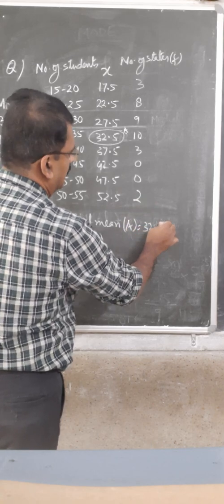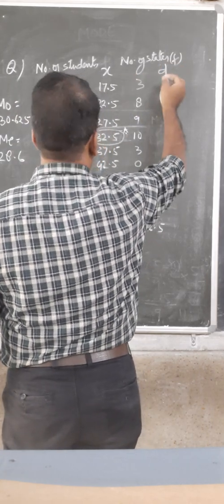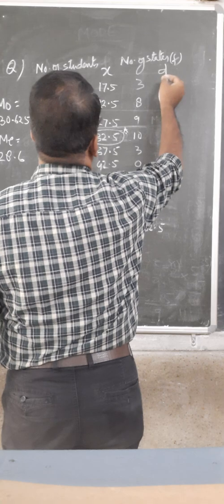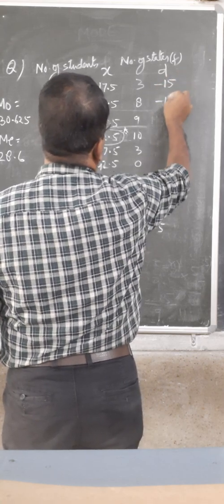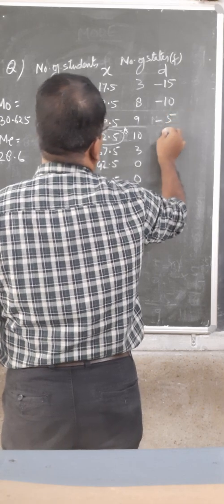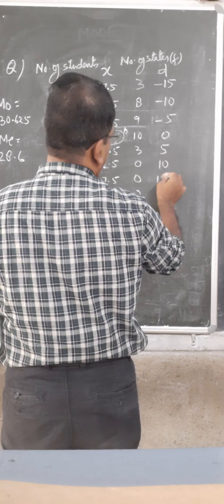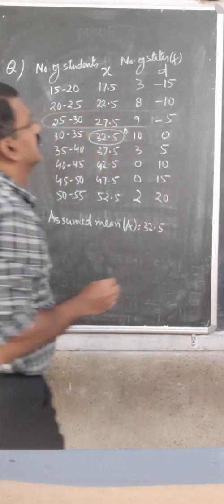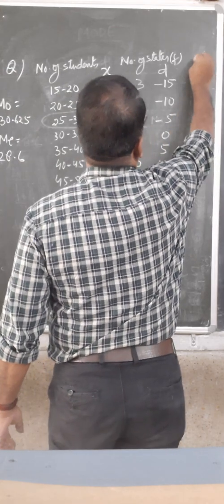Assumed mean is 32.5. Now you make a table D. So D will be 17.5 minus 32.5 will be minus 15, then minus 10, then minus 5, then 0, 5, 10, 15, 20. Okay, so these are the values of D. And now I make a table FD.